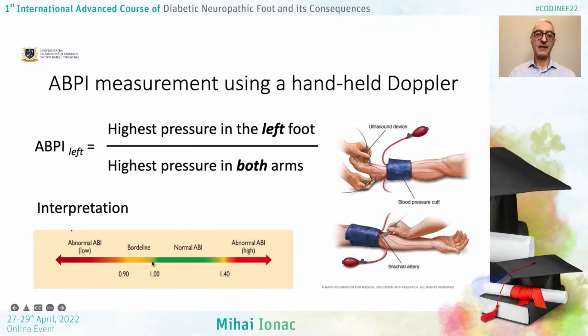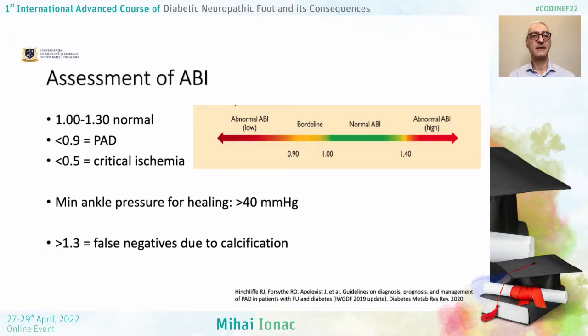How to interpret it? The normal ABI is between 1 and 1.4. Above that, it means that the arteries below the knee are calcified, and probably we have obtained a pressure that is falsely high. Below 0.9 begins the peripheral arterial disease. If this fraction is below 0.5, we talk about critical ischemia.